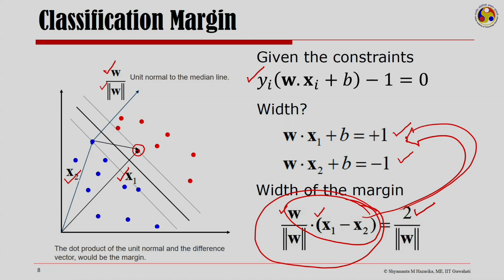So, this is interesting: the width of the margin is 2 divided by the magnitude of the normal that I had first taken to be normal to the median line.